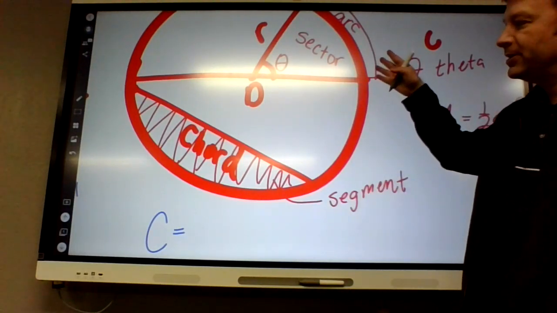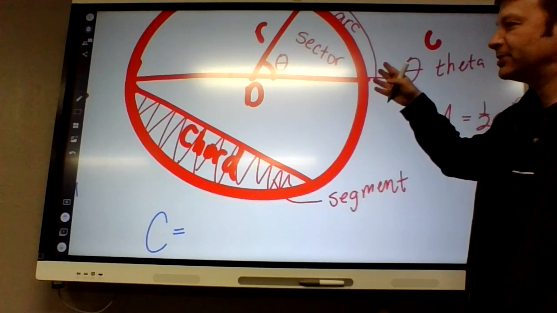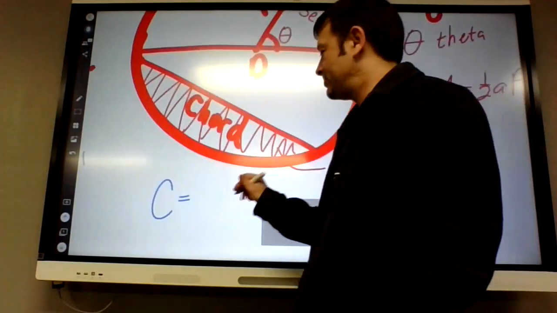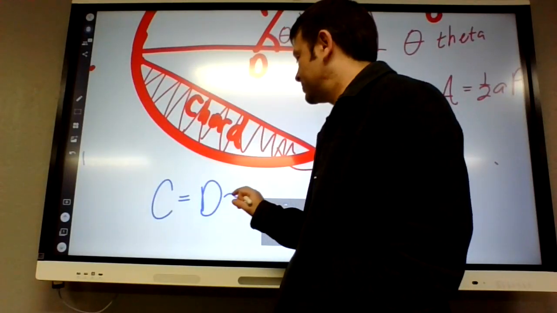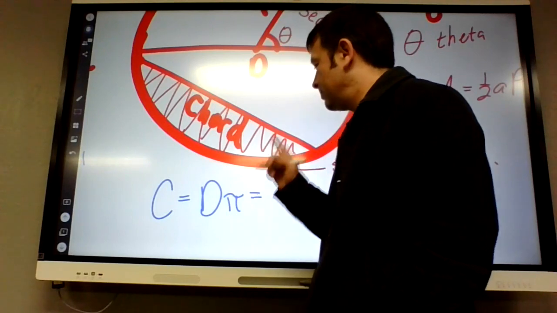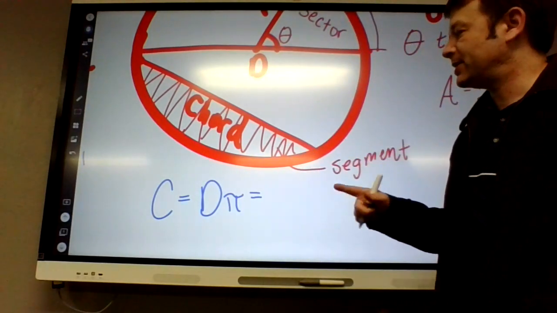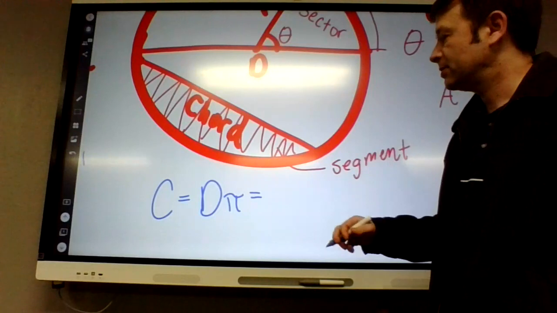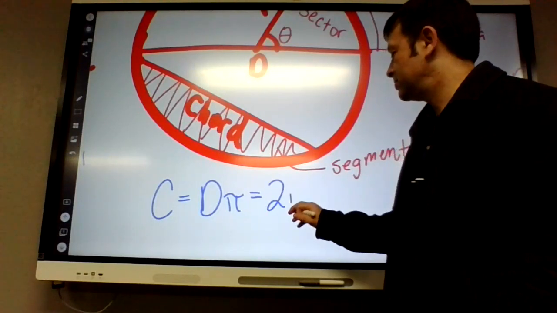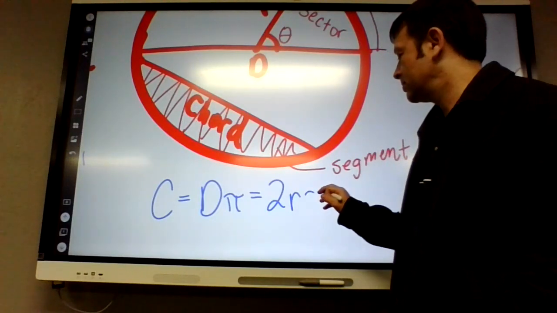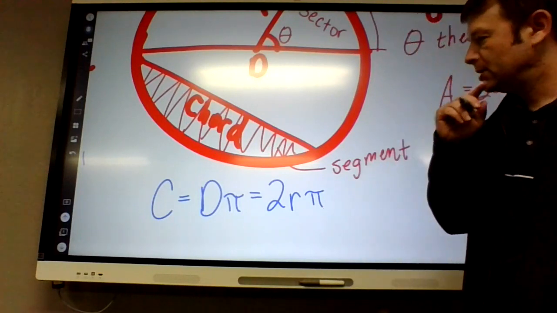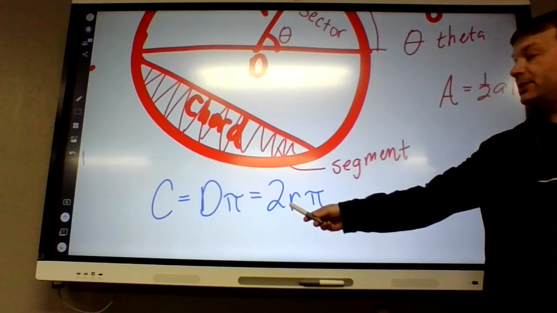What's pi about equal to? 3.14. It takes pi diameters to go around the circle. But what if they give us the radius and not the diameter? 2 times r times pi. Because the diameter is the same thing as twice the radius, right?